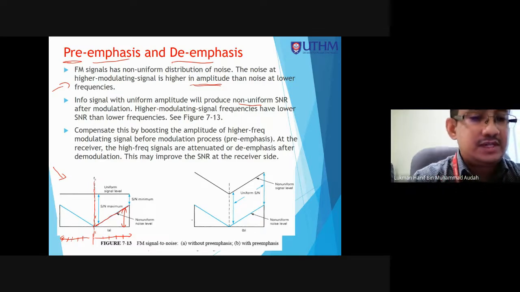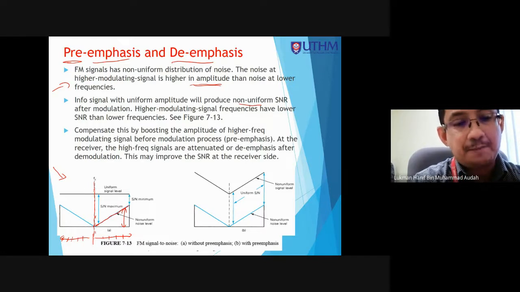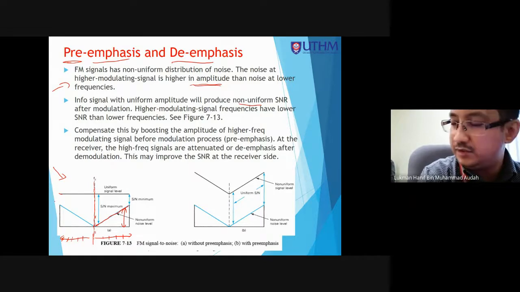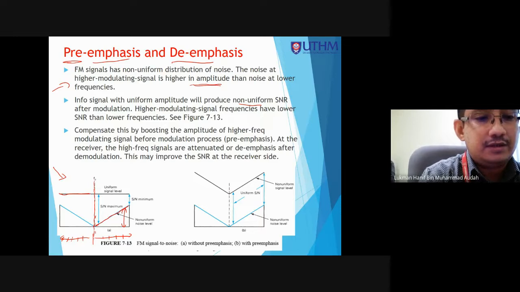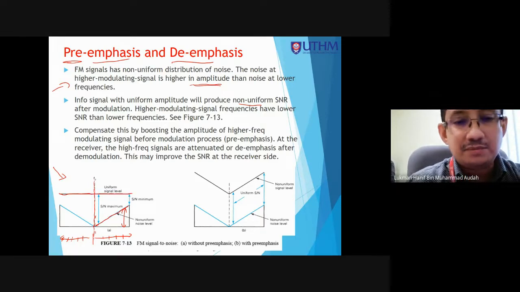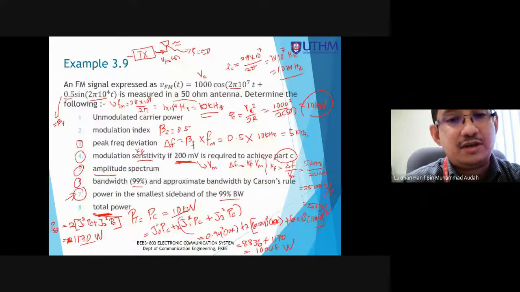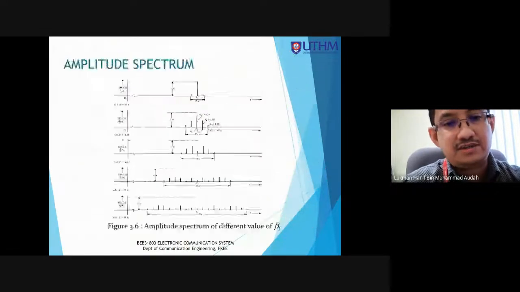Dan dalam konteks angle modulation, FM dan juga PM, you melihat bahawa carrier amplitude is uniform. Dia seragam. Kenapa seragam? Ini kita boleh kaitkan dengan teori yang sebelum ni. So saya kembali sekejap, saya nak tunjuk.